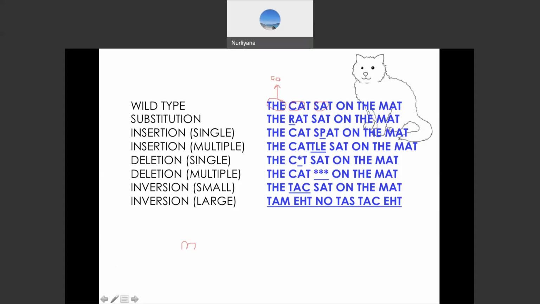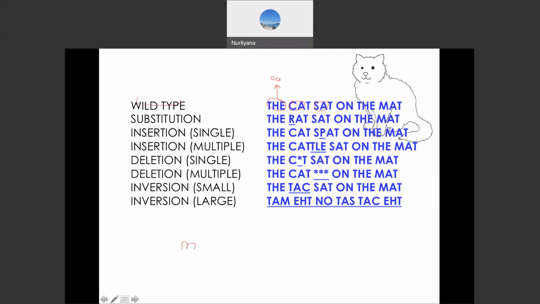They gave you the example in the form of a sentence like this, so that you can see clearly how the mutation is affecting the sequence. The sequence that doesn't have any alteration on its DNA bases is called wild type.